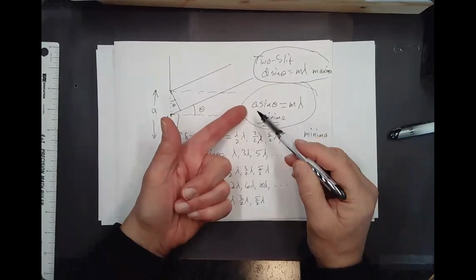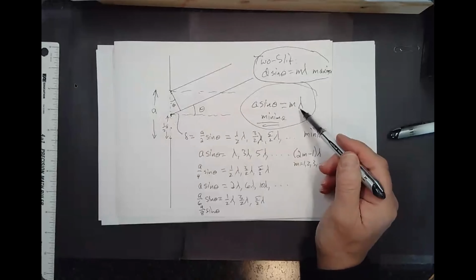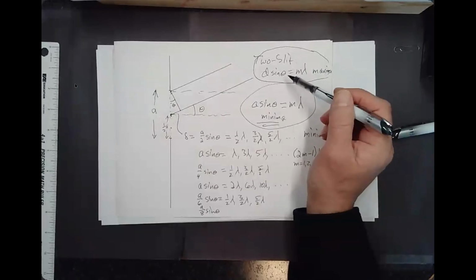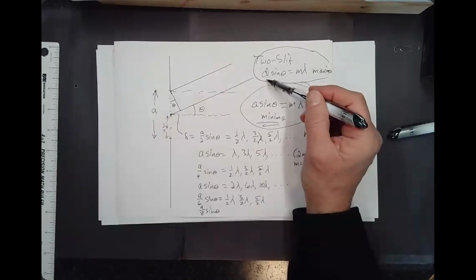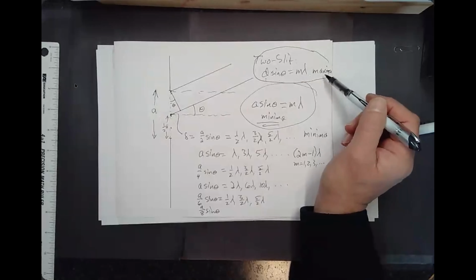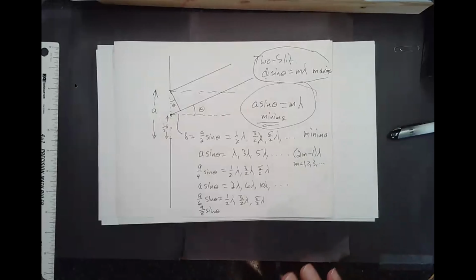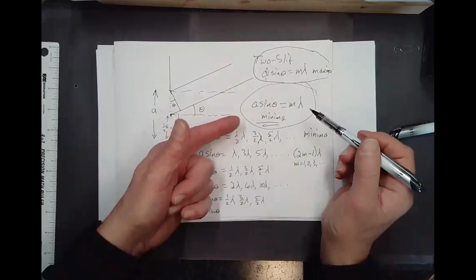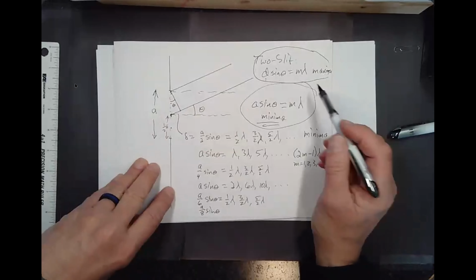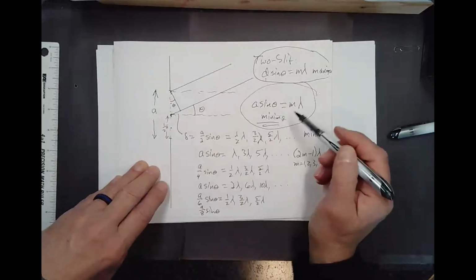One slit, the slit width times the sine of theta equals m lambda is when we get minima. With the two slit, it's d sine theta, the distance between the two slits, equaling m lambda. That's when you get maxima. So different formulas that look an awful lot alike, but you have to be careful because this one gives you maxima, this one gives you minima.